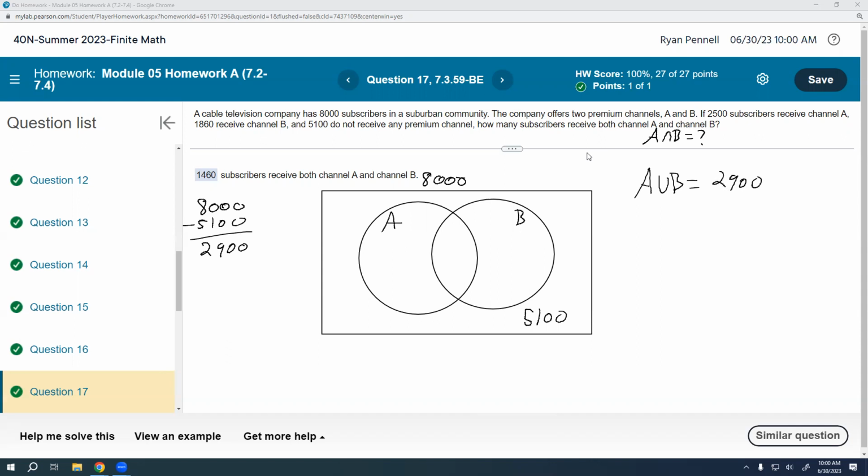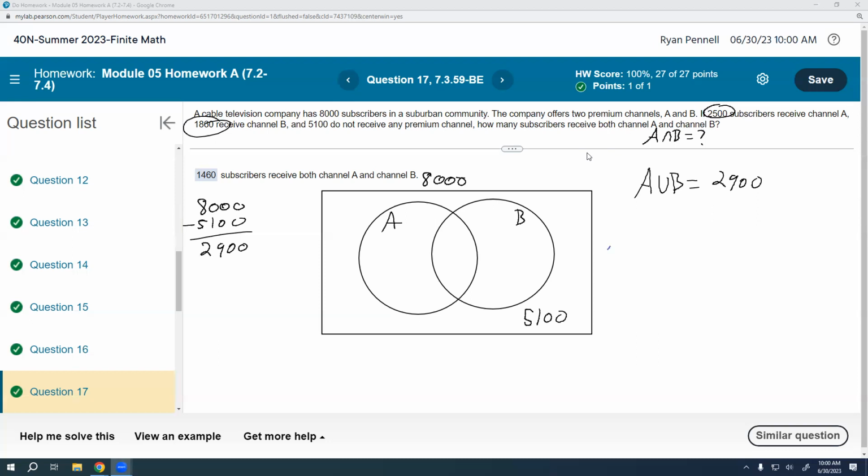And we know them individually, right? We know that this is A, this is B, and somehow, if you put them together, you get 2,900. But we don't know how they mix. We don't know what their intersection is. As a matter of fact, that's what we're trying to find.